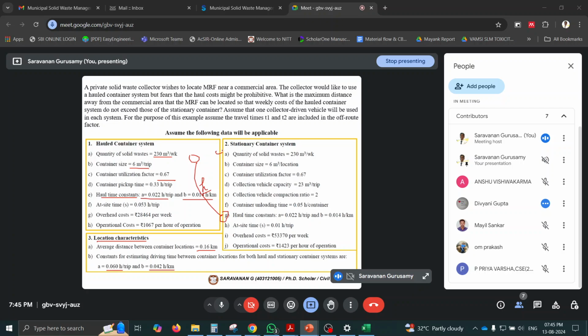So one location to another location also, based on speed we have a hyperbolic formula. Location to disposal site also, based on speed we have a hyperbolic formula. So they have assessed many different speeds and different distances, and they have come up with these constants, ma'am. Okay. So if it is given as location characteristics, we can use that for dbc calculation. If it is given as haul time constant, we have to use that for H calculation.